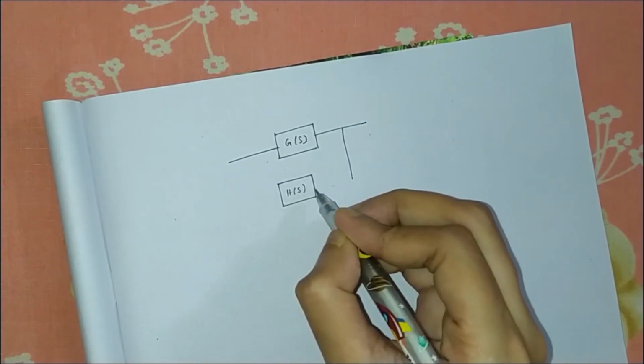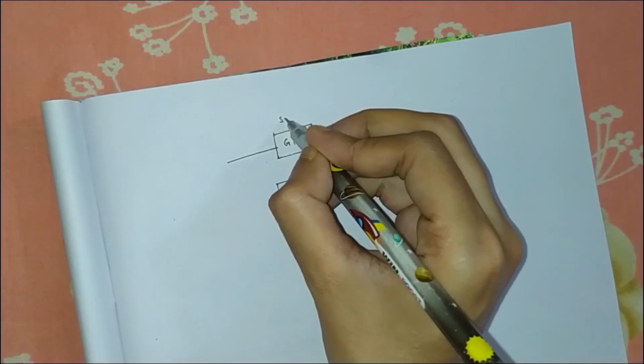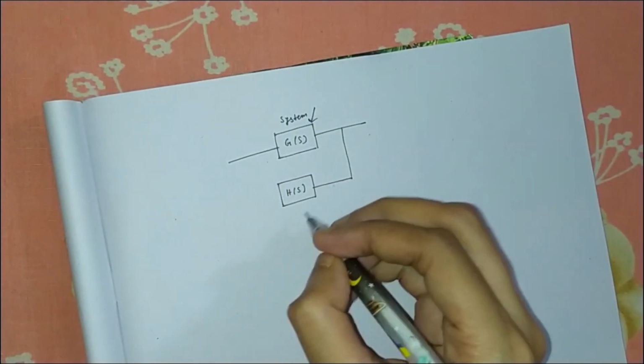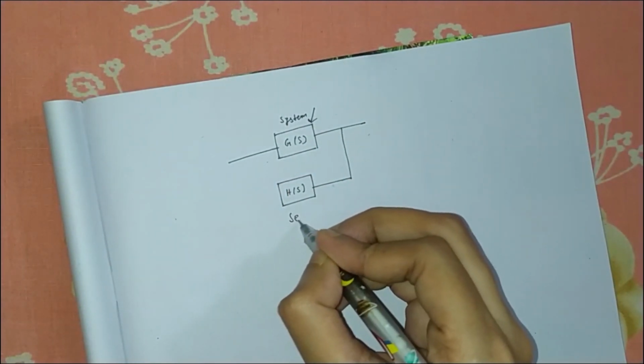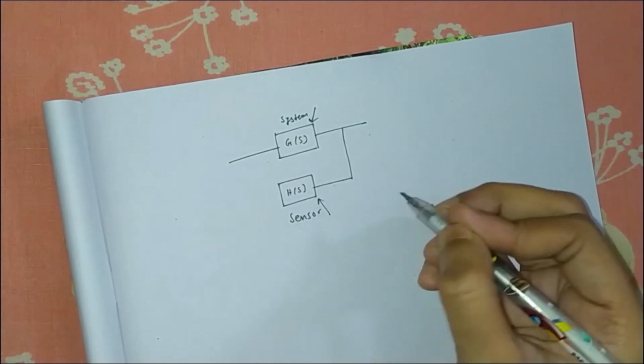I am denoting it as h of s. This is h of s, which is a sensor.